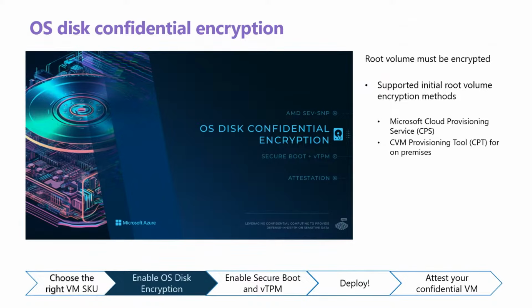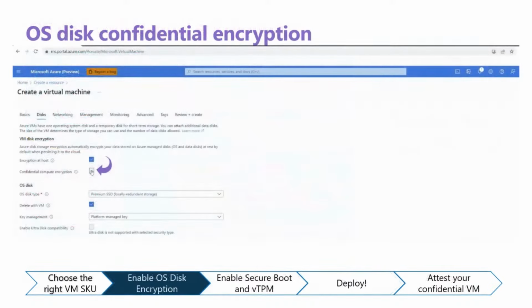In summary, your hypervisor or the host where your guest VM might be running could be malicious. To ensure that your secrets that might be residing within the root volume are protected, make sure that your root volume is encrypted. So the next question is, how do we actually enable this OS disk encryption while creating or deploying a confidential virtual machine?